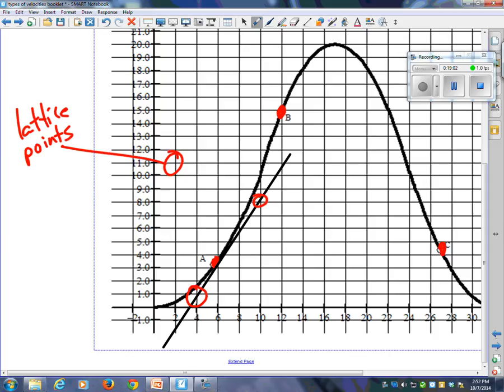If your line goes exactly through one of the grid lines, they're actually called lattice points. You can extend your line as far as you want until you find a lattice point. If you don't like them, you're going to have to pick data points like that and then estimate.